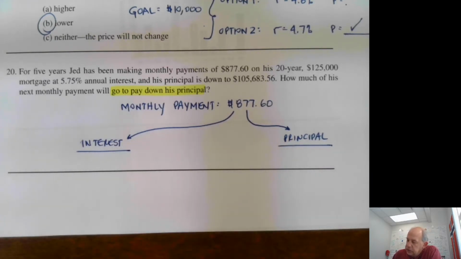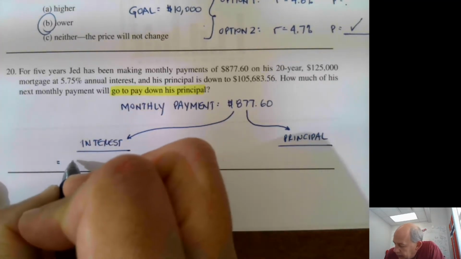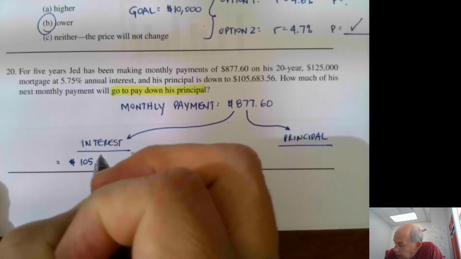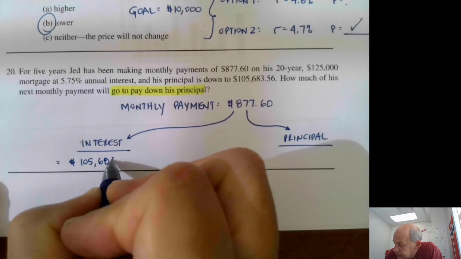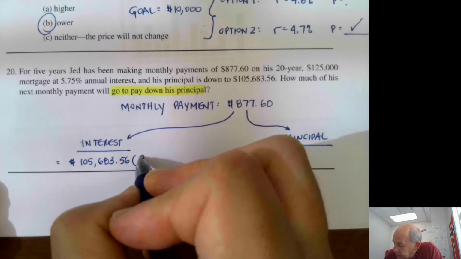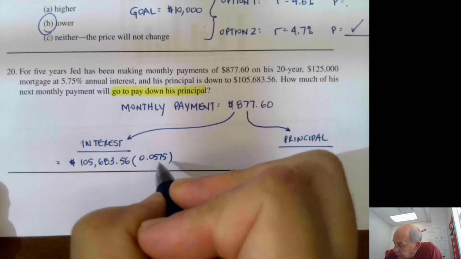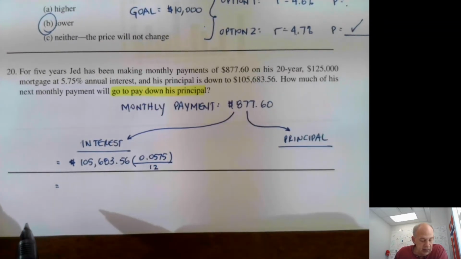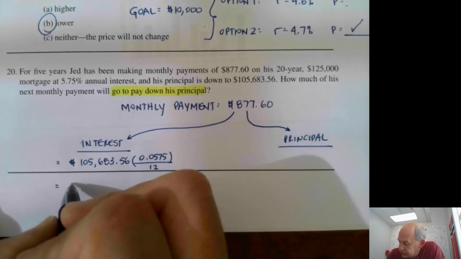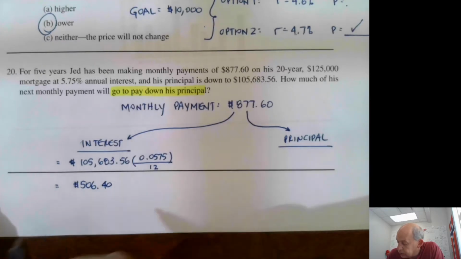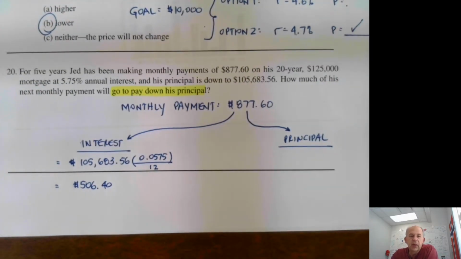The amount that goes towards paying off your interest pile is calculated by seeing how much we owe on the loan, $105,683.56. We're going to multiply that by the interest rate, and we're just looking at 1 month. So out of that $877.60, $506.40 goes towards paying off the interest beast.